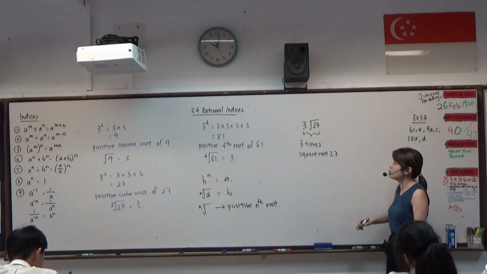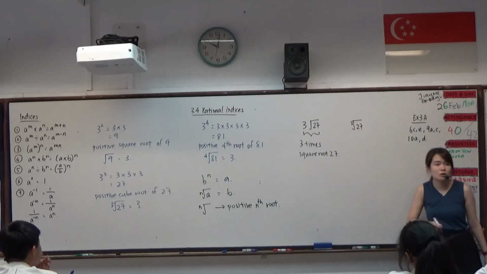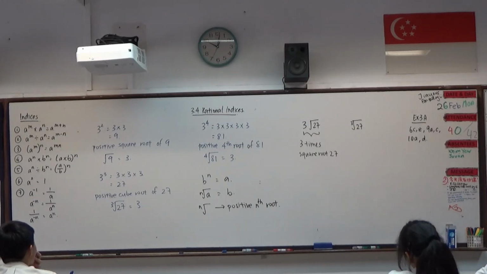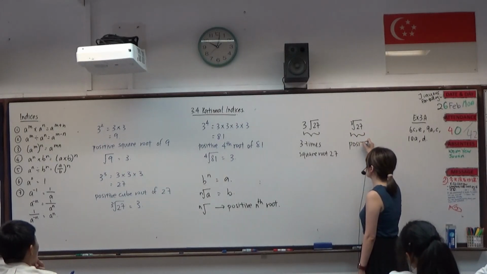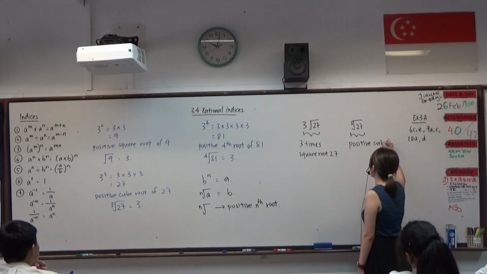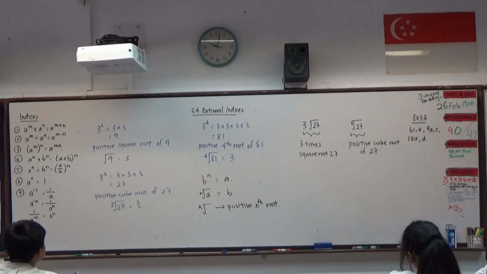If you want to refer to the positive cube root of 27, it needs to be written as a small 3.